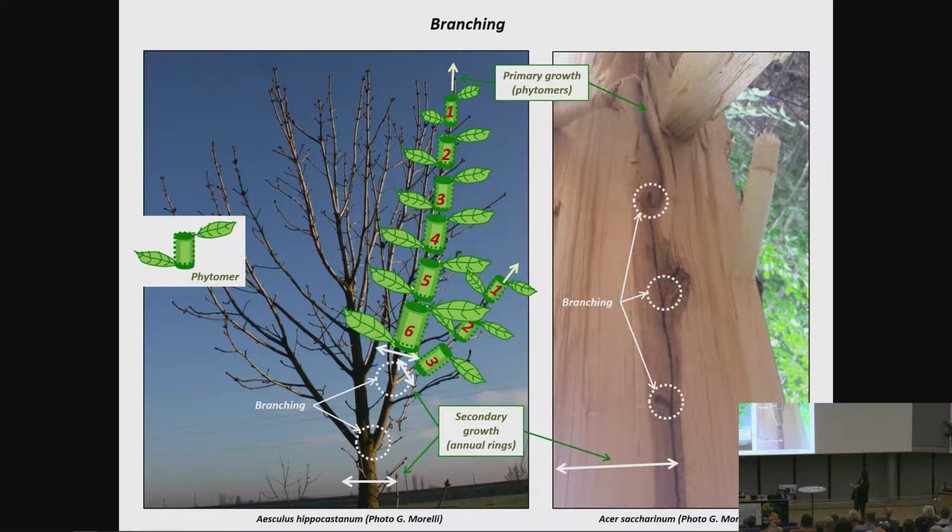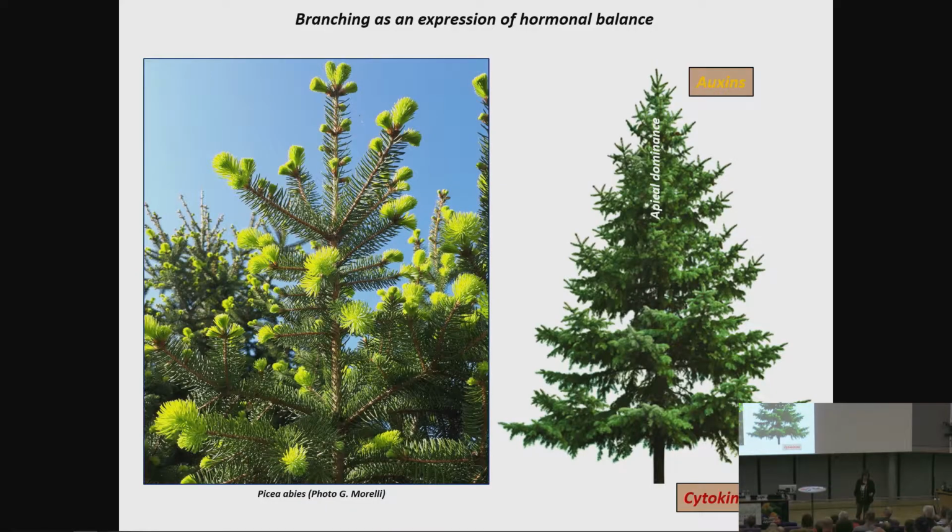And you can see that this is already decided in the primary growth, because the secondary growth is a consequence of the primary growth. And then, as I said, at a certain point, a branch can develop. How does it work? There is a hormonal balance in a tree. At the beginning, the tree wants to build up the main stem, so there is a very strong apical dominance.